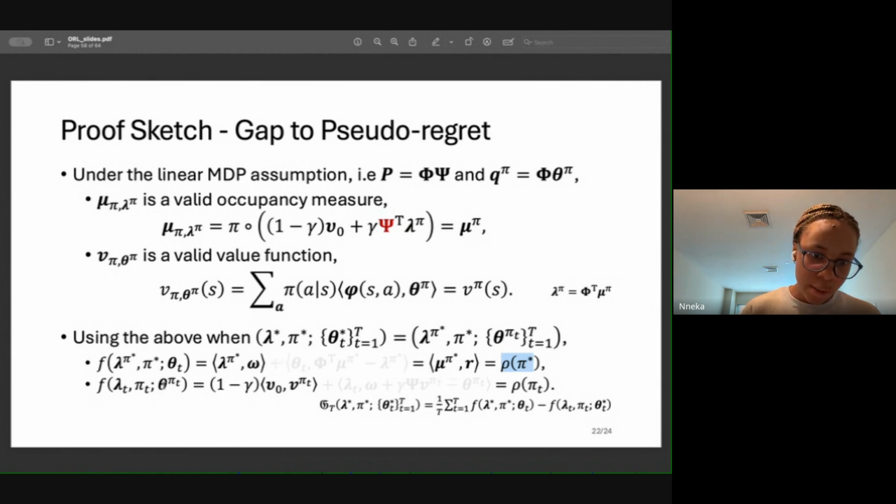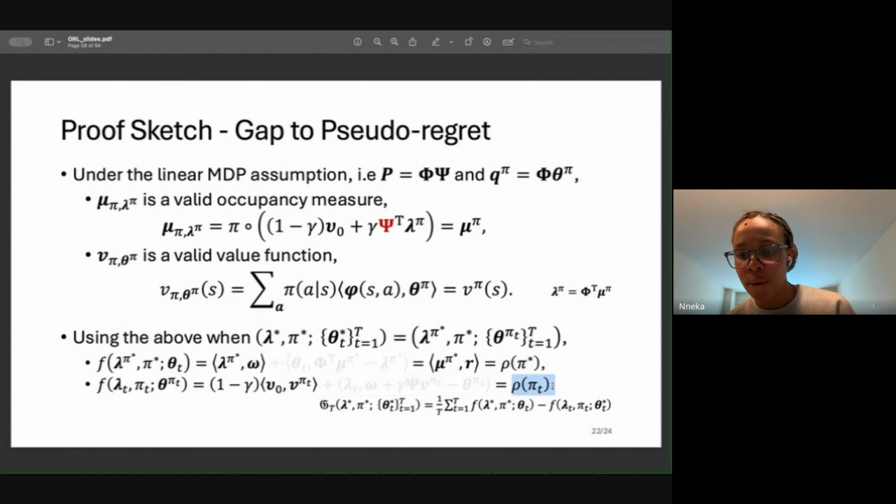On the other hand, by choosing theta star t as theta pi t, and using the fact that the parameterized value function at pi t, if we choose the pi's and thetas appropriately, is just v pi t, this second term also cancels out, and we are left with just the return of policy pi t.